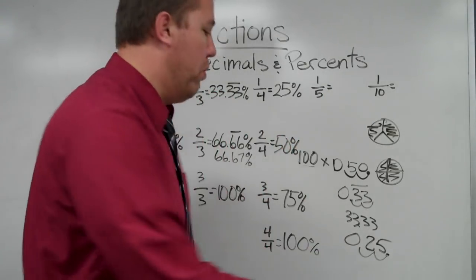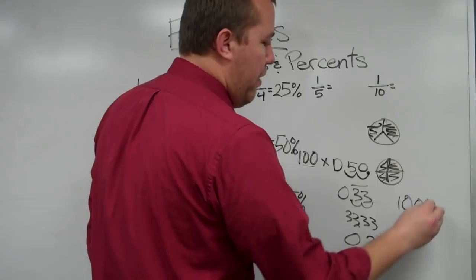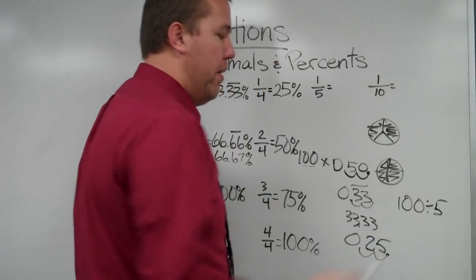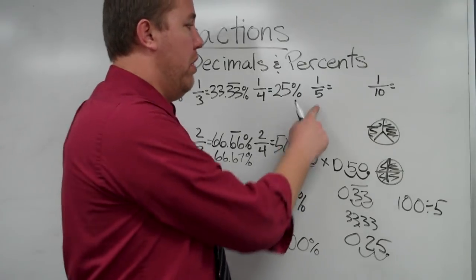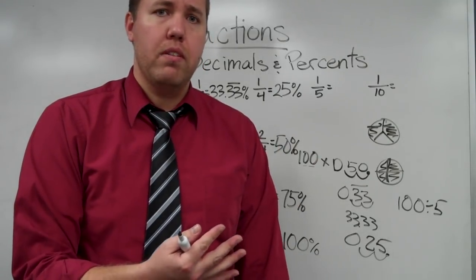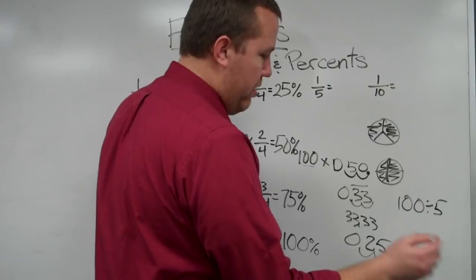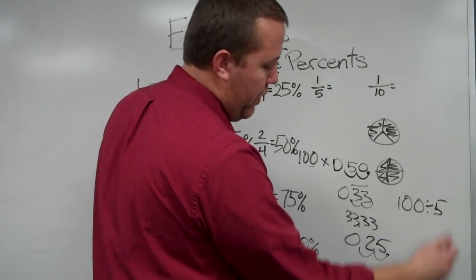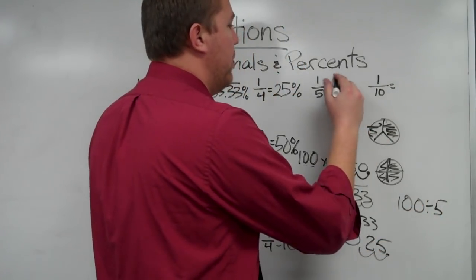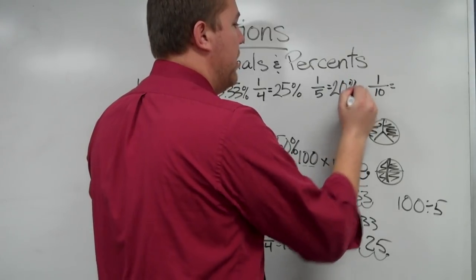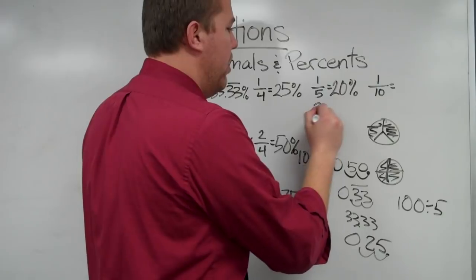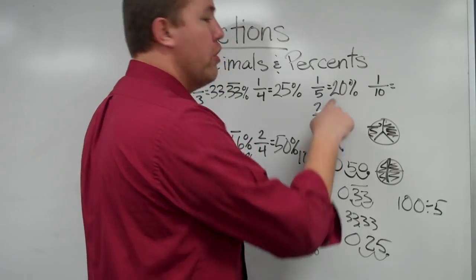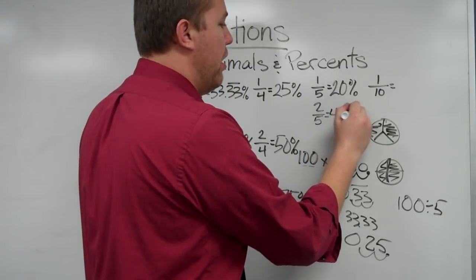Fifths, I take 100 divided by 5. That's just another way you can find how much is 1/5. 1/5 equals 20%. Because 10 divided by 5 is 2, so 100 divided by 5 equals 20. So 1/5 is 20%. If I have 2/5, I'm just doubling that 20%. Oh, 1/5 plus 1/5, 20 plus 20 is 40%.